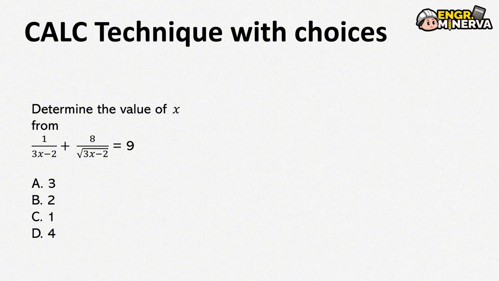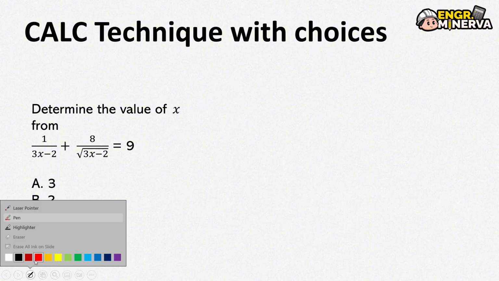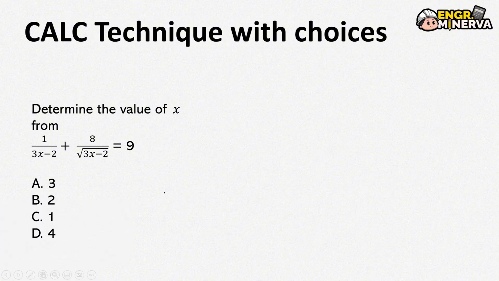In this type of problem, we will use the calc technique to determine the choices by trial and error. Okay, so first, we have our problem here. Determine the value of x from 1 over 3x minus 2 plus 8 over 3x minus 2 is equal to 9.